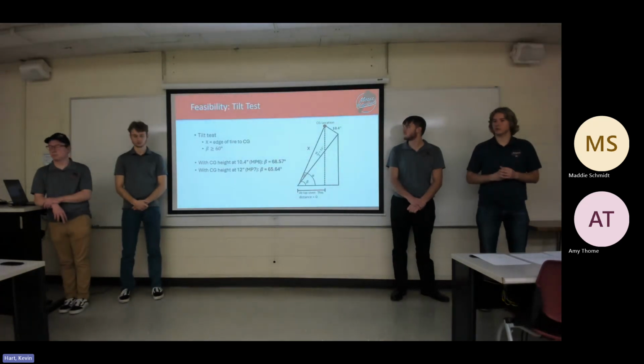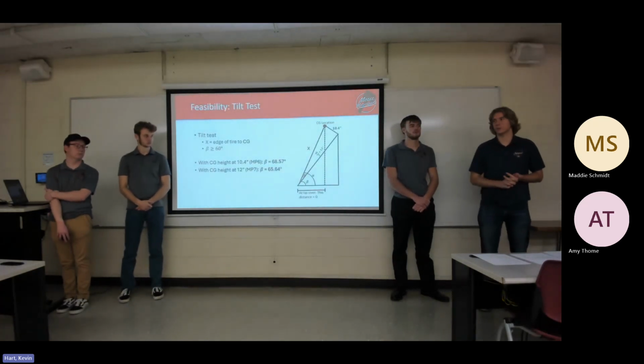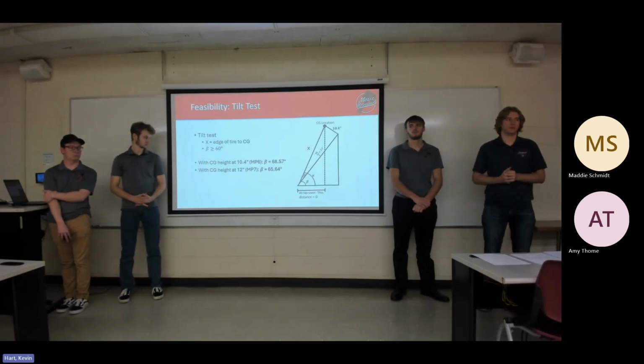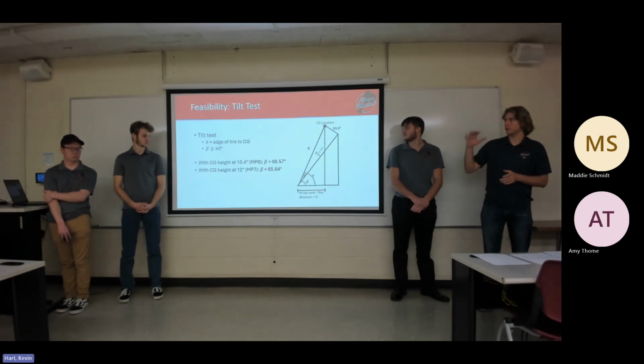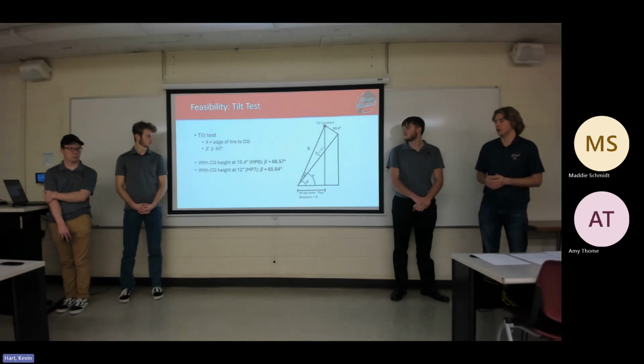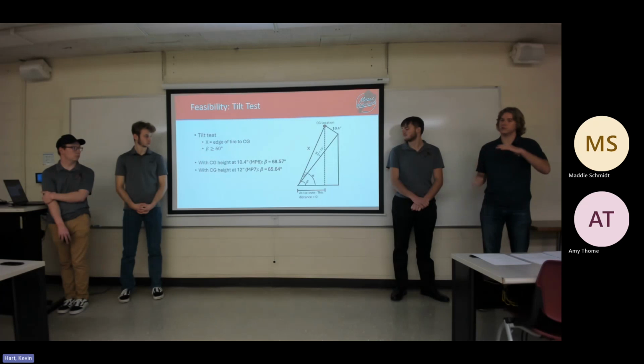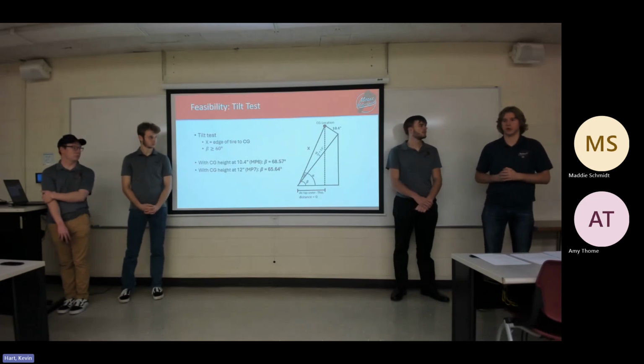So we could use this to continue on the feasibility aspect of this and essentially determine if the car can pass the tilt test. So we started off with 10.4 inches as a CG height, did a little bit of trig, and found out that in theory the car should be able to tilt to an angle of 68.57 degrees with that center of gravity height.